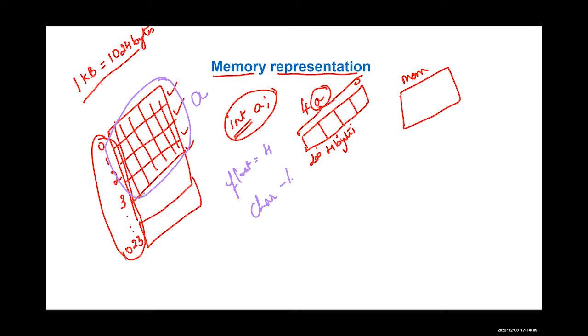So for a character, I am going to allocate 1 byte of memory. This is nothing but a memory representation. Remember that in memory we always use the byte concept, and 1 byte is 8 bits. These bytes are allocated according to the data type we are using, or however we are declaring the variables.